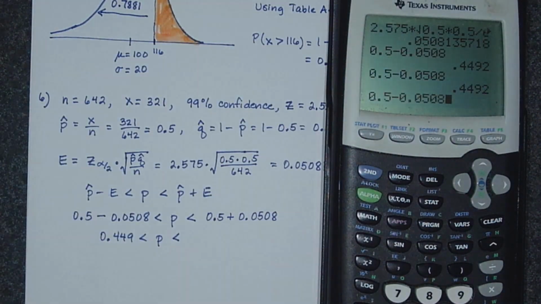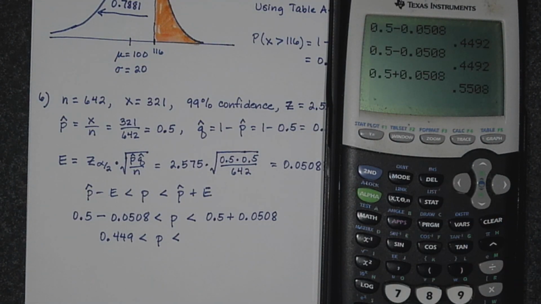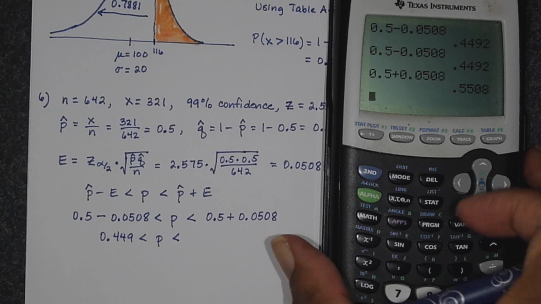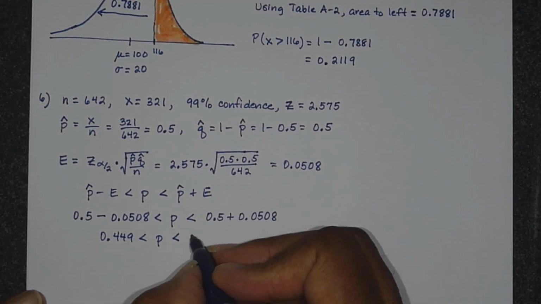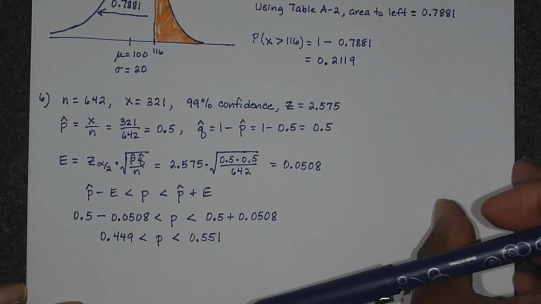I did minus again. That should be plus. Okay. 0.551. All right, so that's my confidence interval.